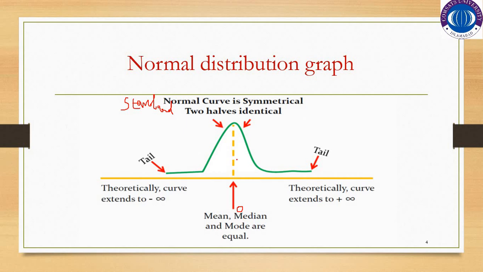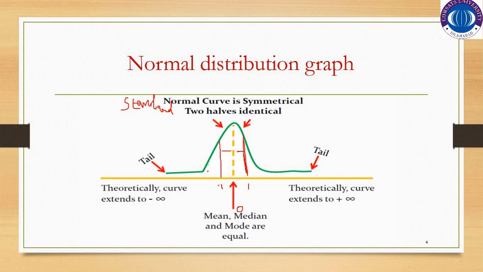If this is the point 1 and this is minus 1, we have moved one step further here and one step backward here, but both have the same area. If you recall, the normal curve is symmetric, with 50% of the data here and 50% here. So this one and this one will have the same area.